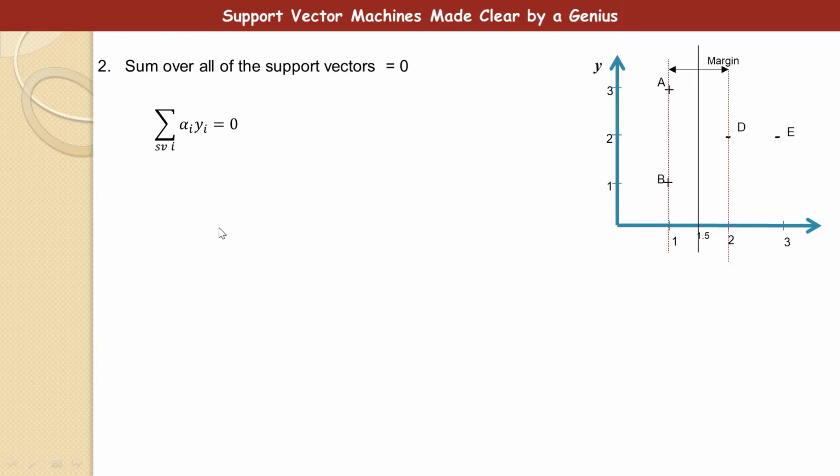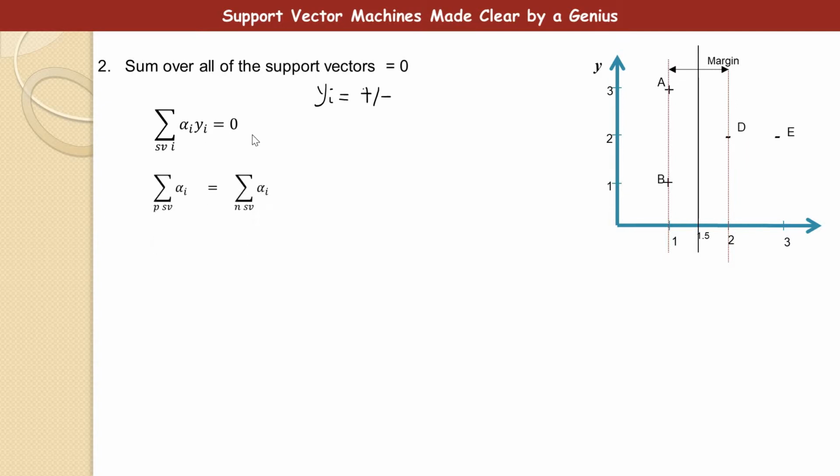Remember, we said that yi is either positive or negative, plus or minus. So summing over plus and minus support vectors, plus and minus data points or vectors, it has to give us 0.